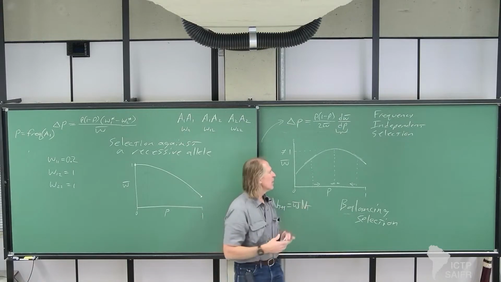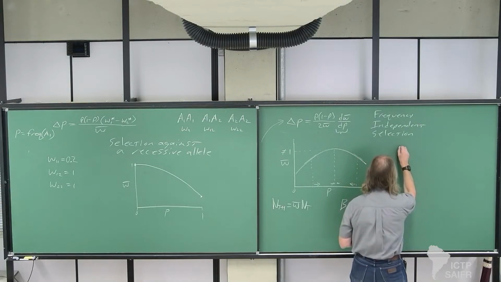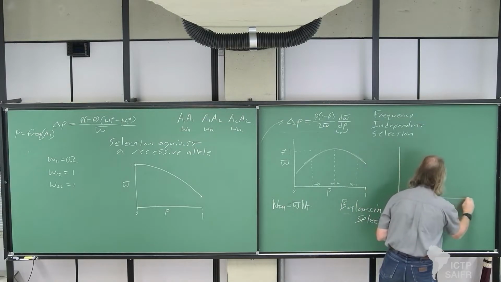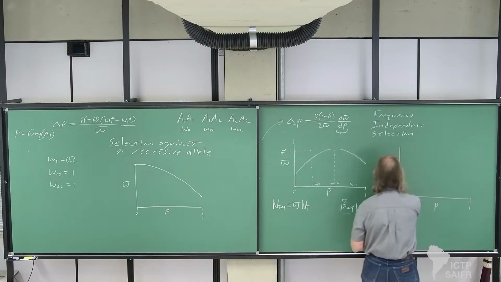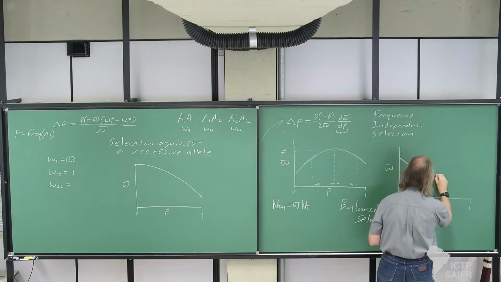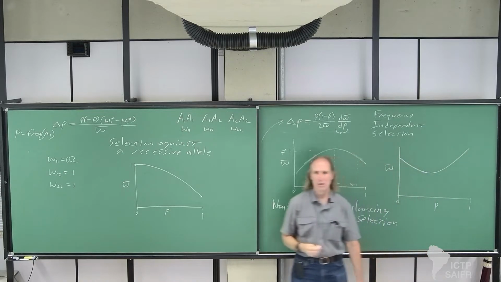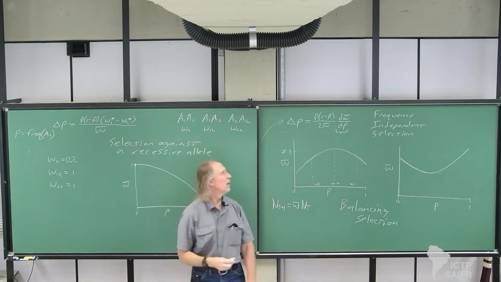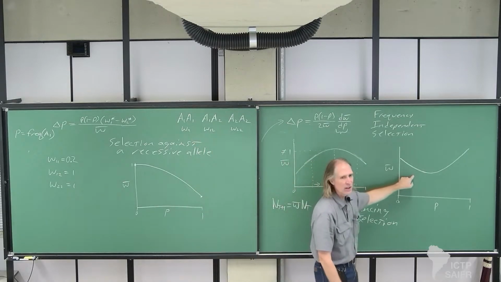And the only other case that I was going to illustrate for you, and you can sort of guess, I'll just leave it as something for you to work out. Come up with a set of genotypic fitnesses that will produce a function that looks like that.